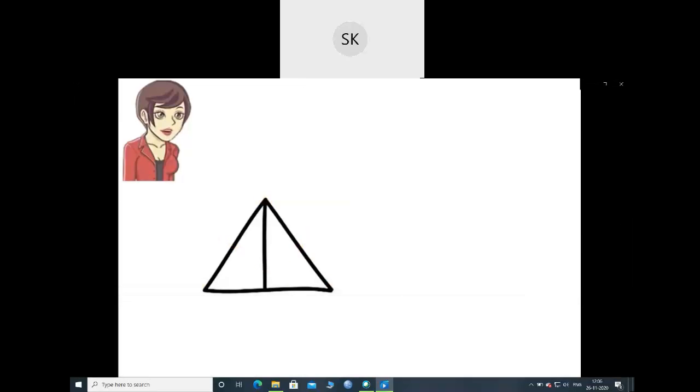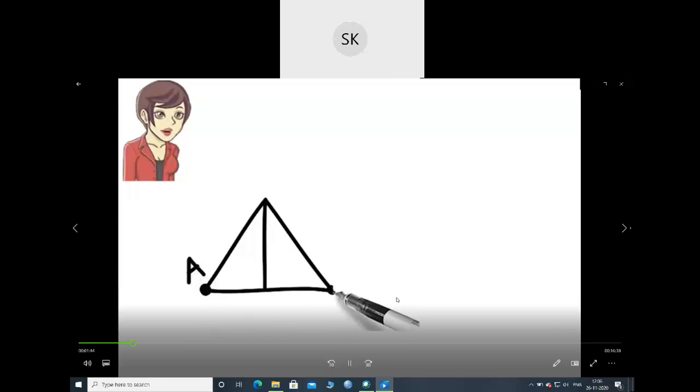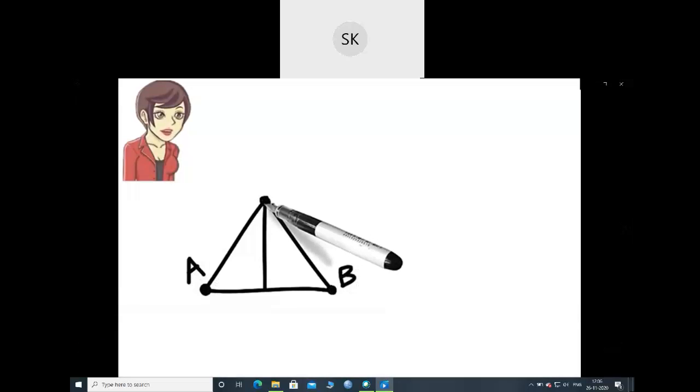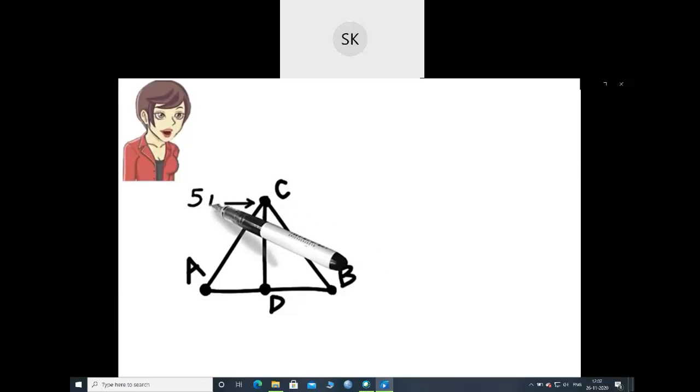With 5 members, the frictionless joints of the truss are labeled A, B, C, and D. The truss is subjected to a horizontal force of 5 newtons at joint C. The entire structure rests on a pin and a roller.